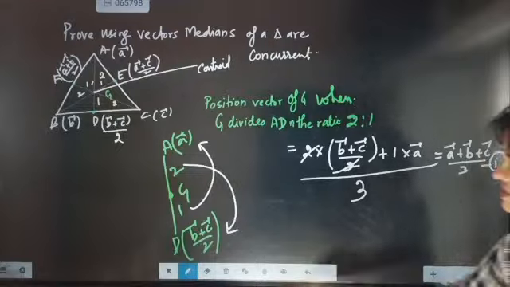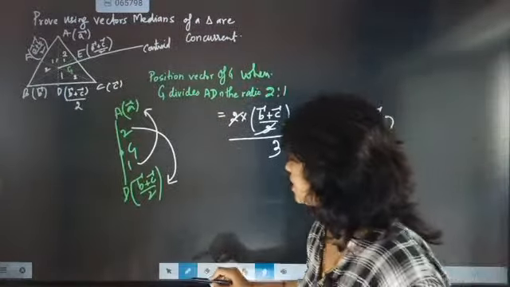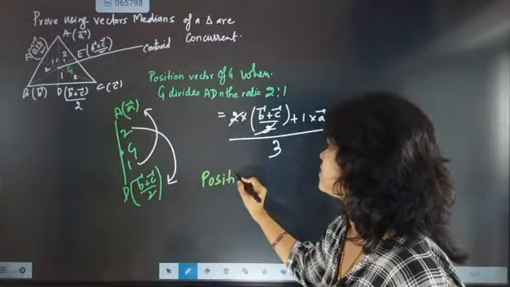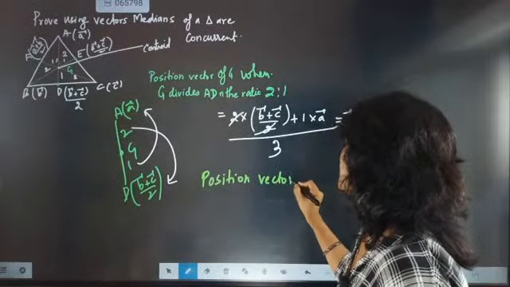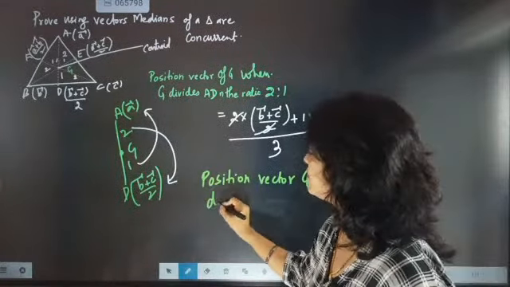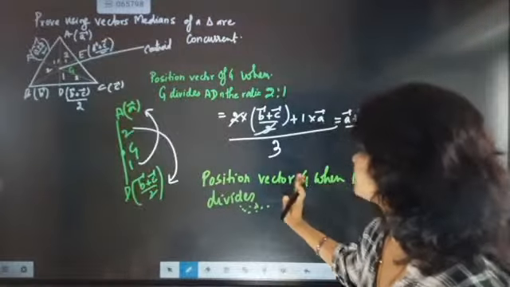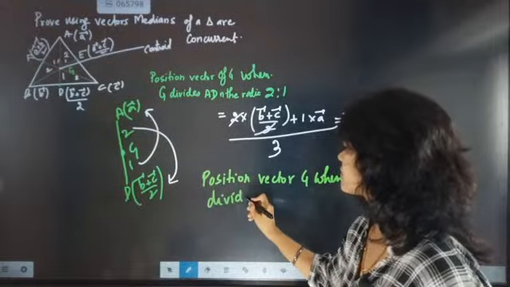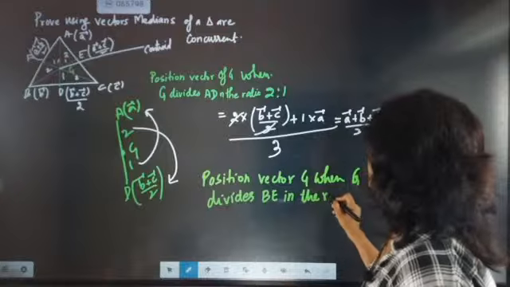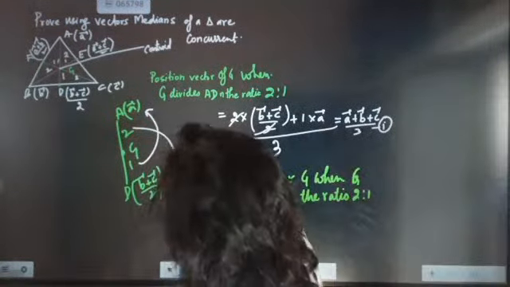So it is exactly coming as this value, A vector plus B vector plus C vector by 3. Now we are going to write for the next one. We are going to say the position vector of G, when G divides BE in the ratio 2 is to 1.